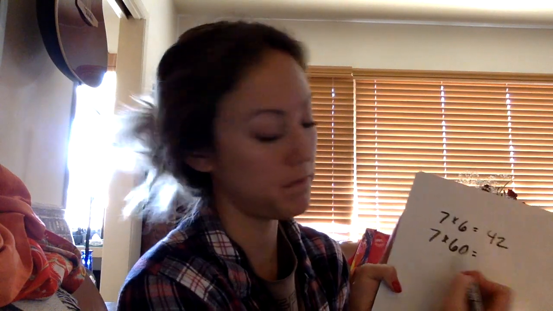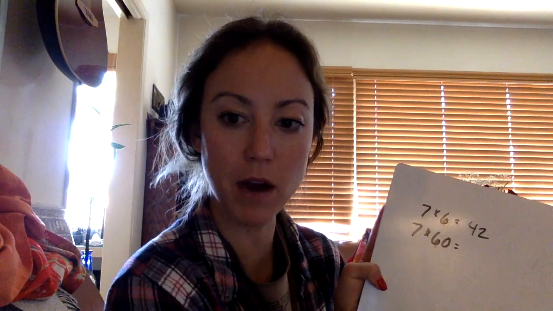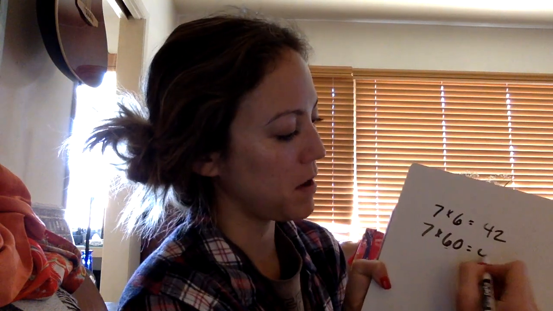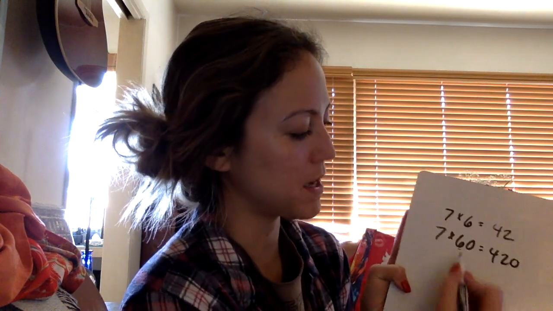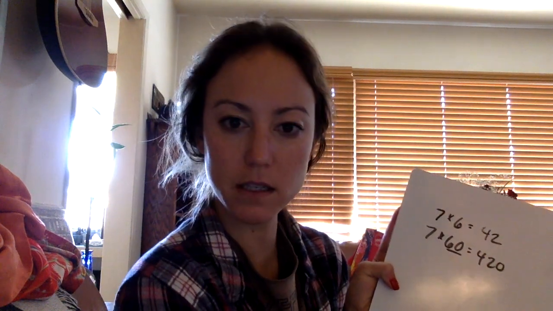If you know 7 times 6, then what would 7 times 60 be? Right? So 7 times 6 we all know is 42. 7 times 60 would be 10 times that, because 60 is 10 times 6, right? So this would be 420, because 60 is 10 times 6.